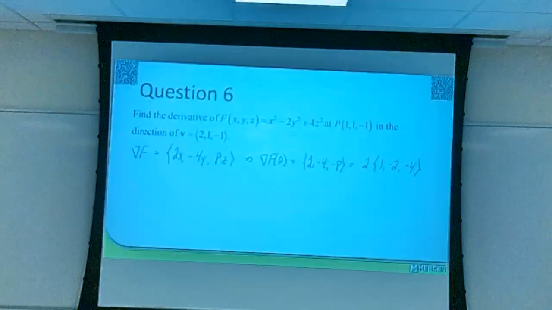Direction, well, they already gave us it in vector form, which is nice. We just have to make sure it's unit, which it's not. Normalize it.